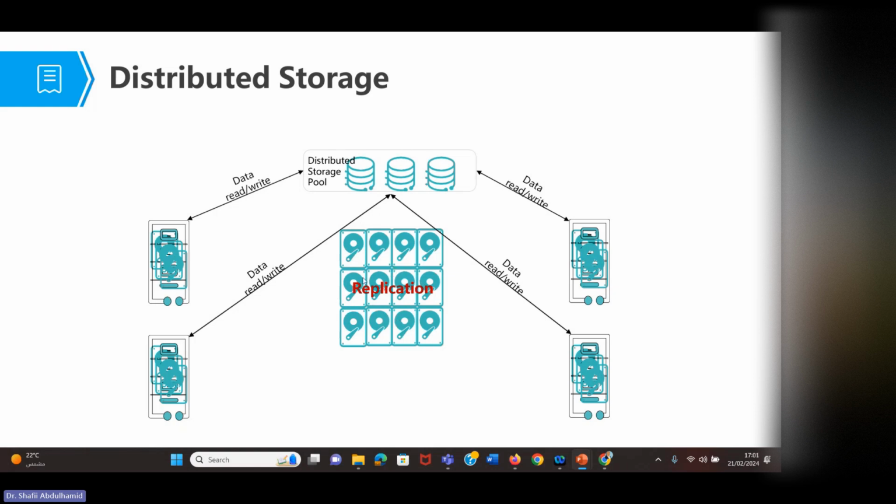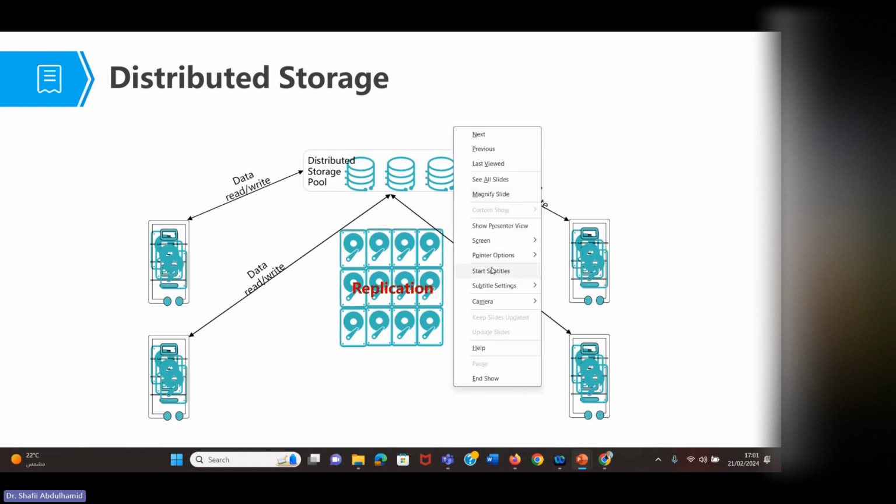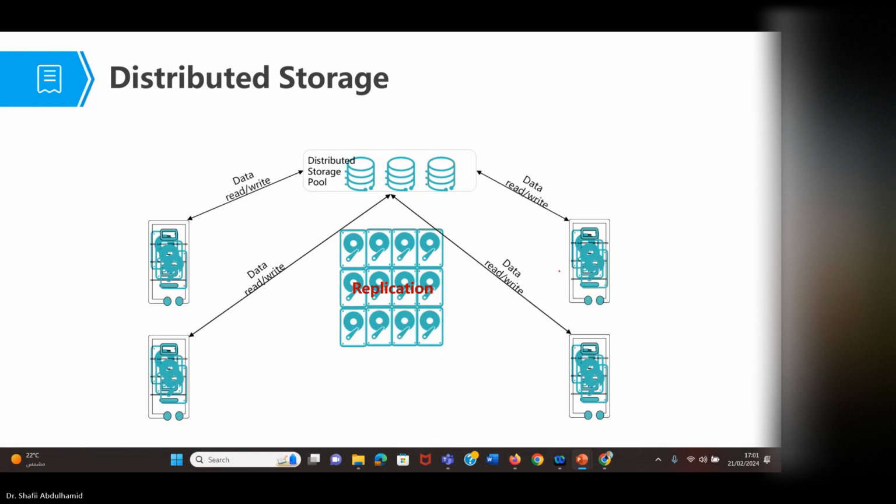So for replication, because the disks are connected using replication, what happens here is if I have my file, I call my file A, file A sent by, let's say, this server called server A. If file A is sent here to the cloud for storage, this is what happens.